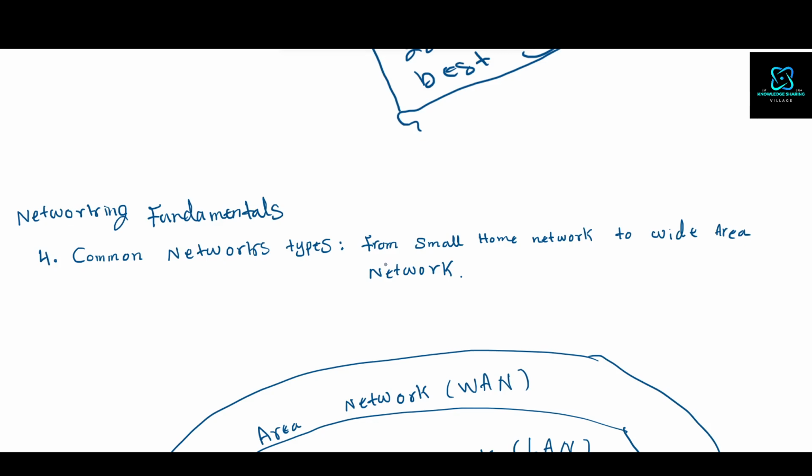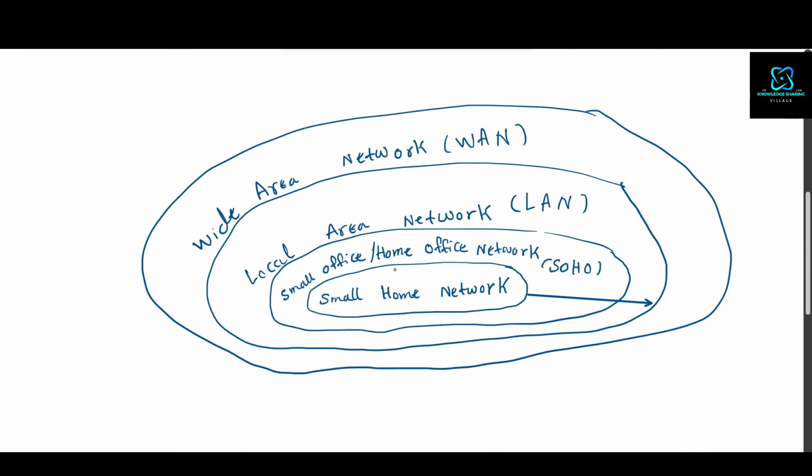hierarchically. We start from a small home network and go to wide area network. I have illustrated here the picture. First, we are going to learn about a small home network. Then, we are going to describe a small office or home office network, which is short for SOHO. SOHO includes in itself a small home network.